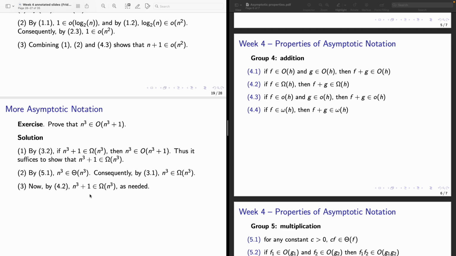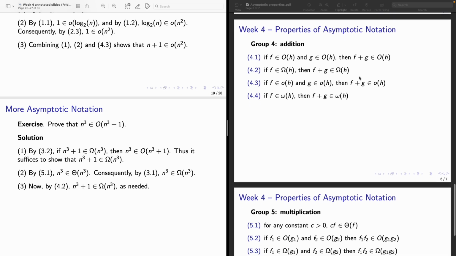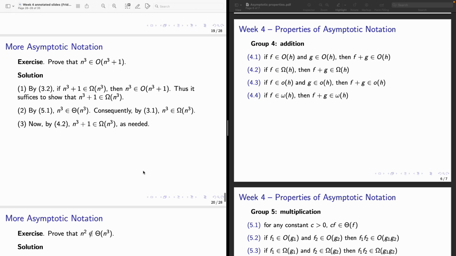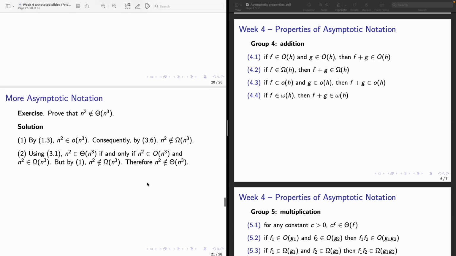Wait, what's g? Wait, this is messed up, because 1 isn't in big omega of n cubed. It's much smaller than n cubed. I think that if g is a constant, then the rule works. It's not very well explained here either. This example's a bit of a dud.